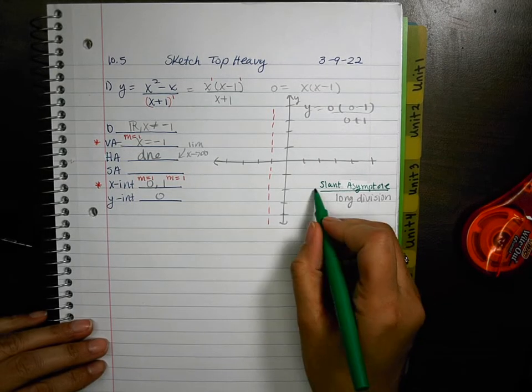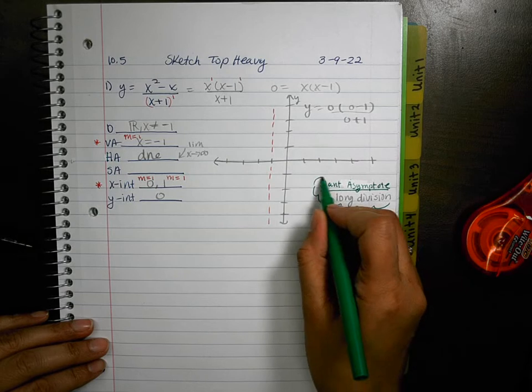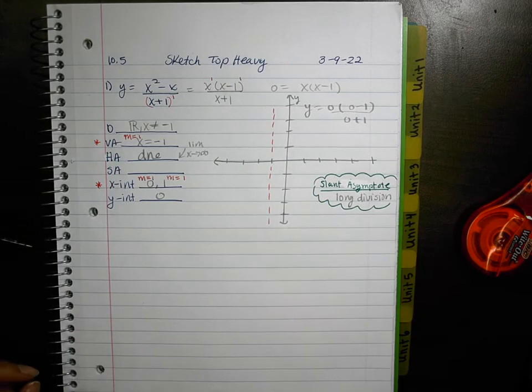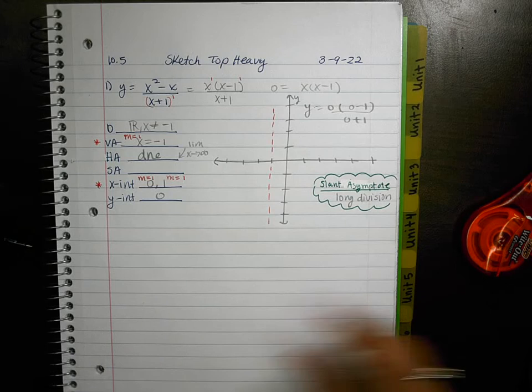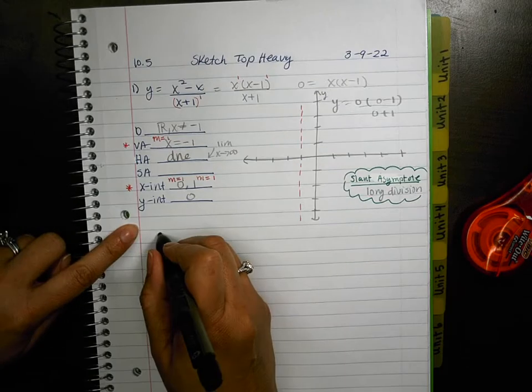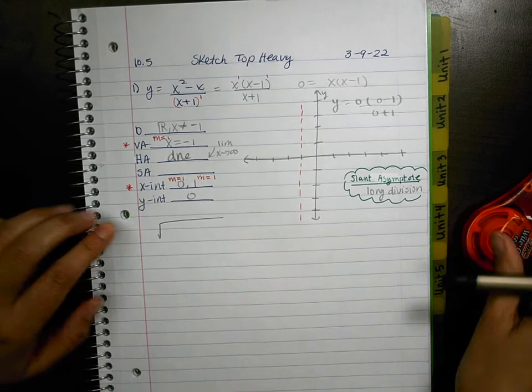Oh, I hear some complaining out there. Okay, slant asymptote we find by using long division. Okay, so I'm going to do that over here. I'm going to set up my long division problem.